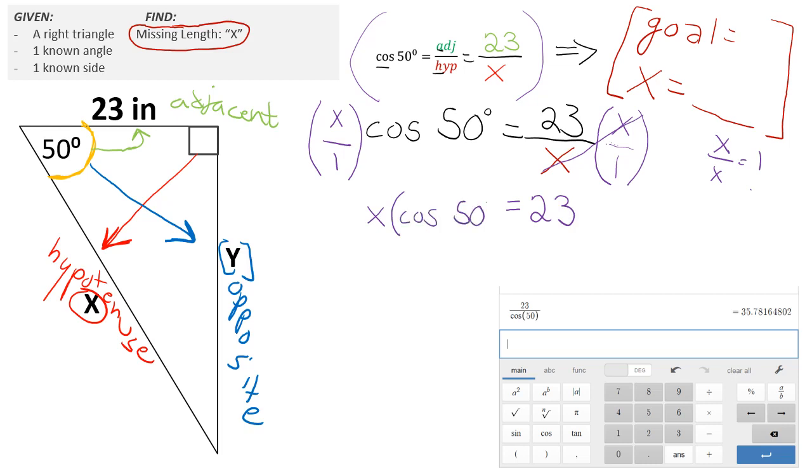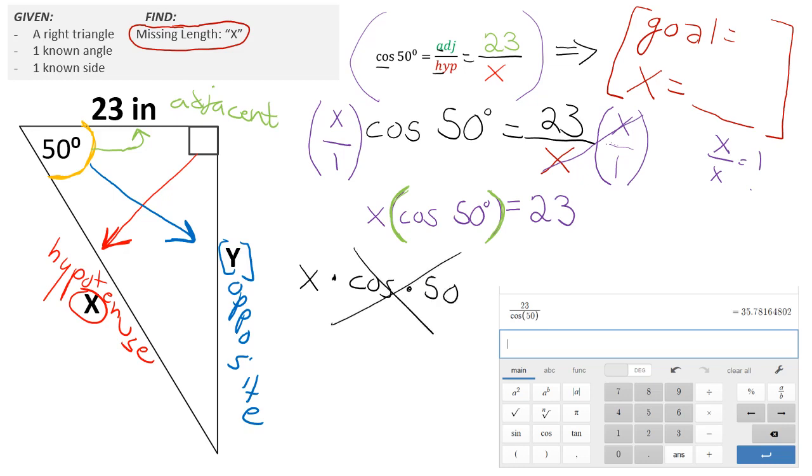Now let me talk about what the cosine of 50 even means. The cosine of 50 is its own number, its own number by itself. So this doesn't mean the cosine times 50. It doesn't mean x times cosine times 50.